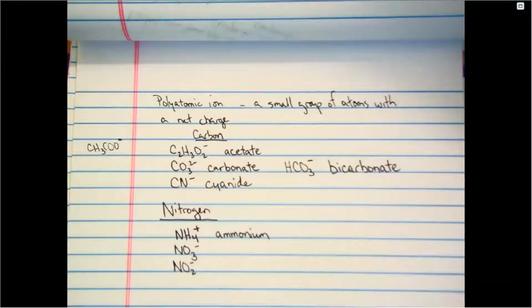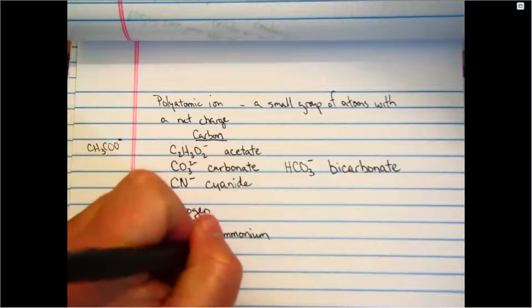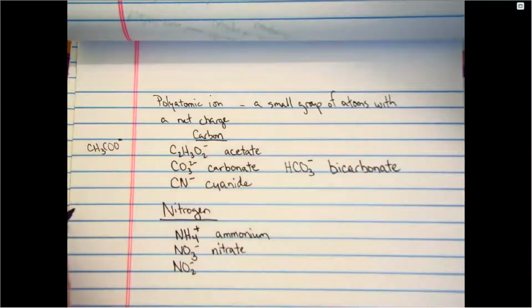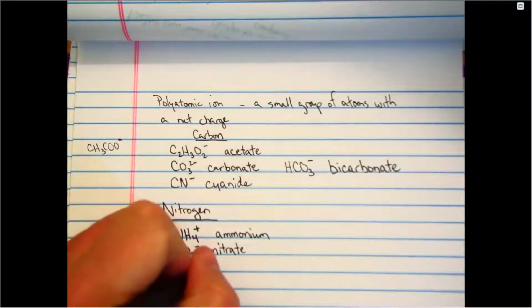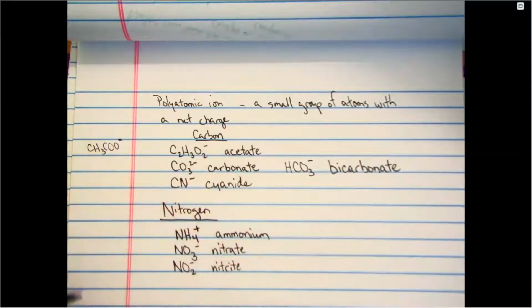So remember I said there were rules that cut down how much we have to memorize. NO3 with a -1 charge is the nitrate polyatomic ion. NO2 with a -1 charge is the nitrite polyatomic ion.